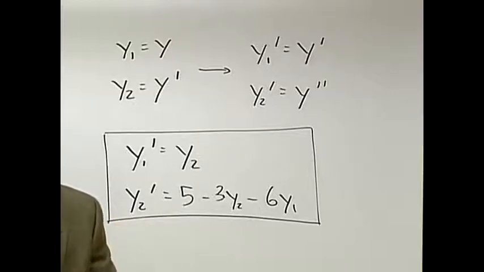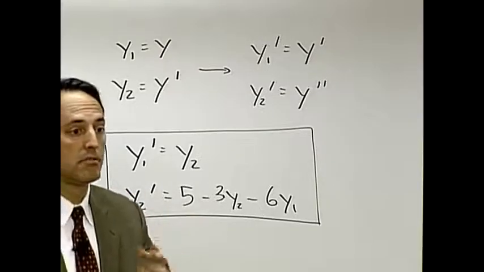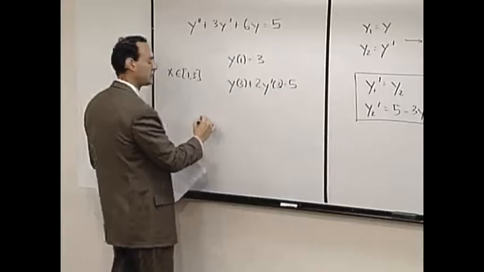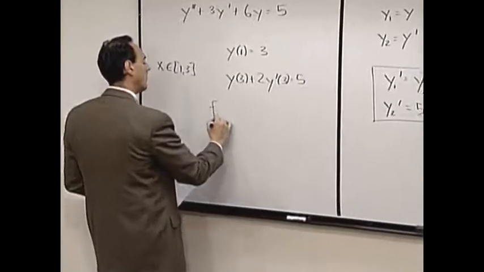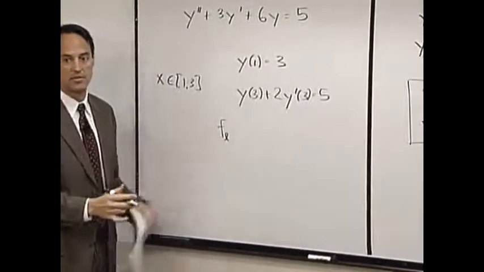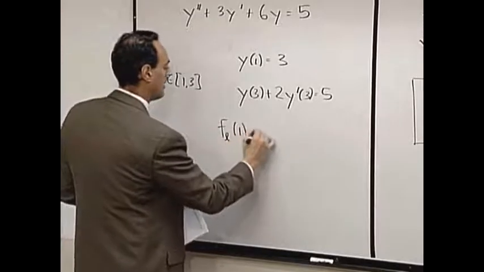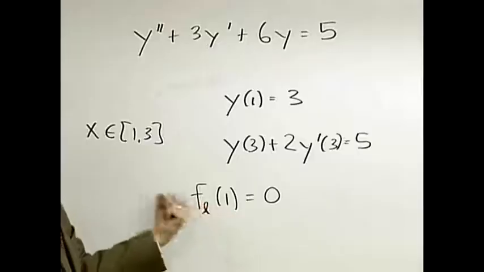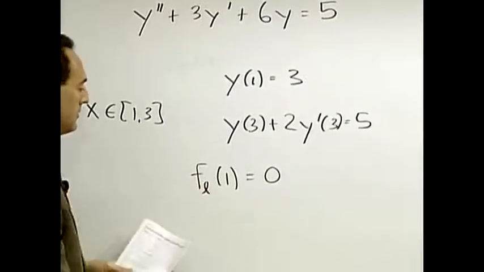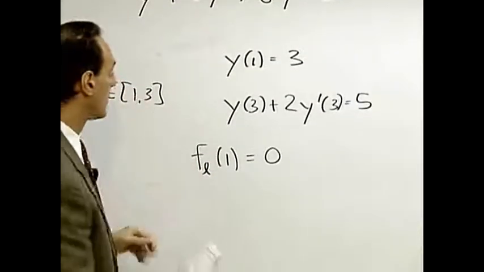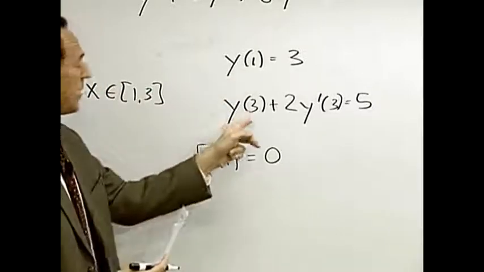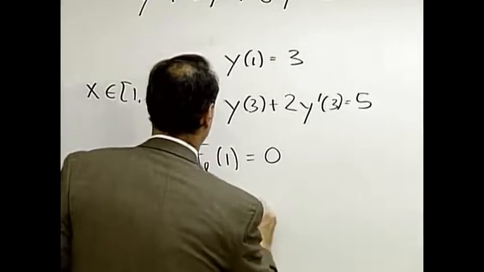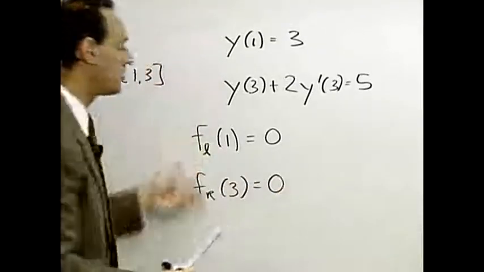What about the boundary conditions? We also want to state the boundary conditions in the following way. What we want to think of is I have some boundary condition on the left, let's call it f of L for left. In this case, it's at 1. And the right is at 3, then a function on the right. So what are these two functions?